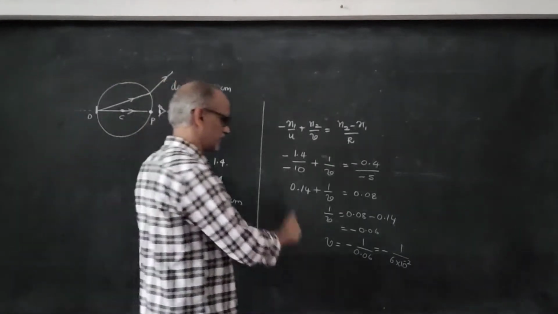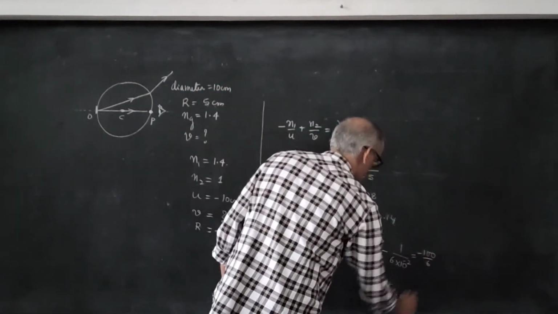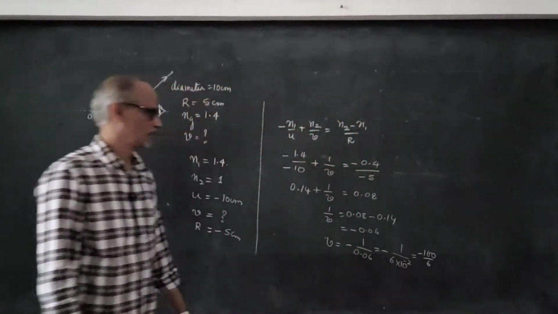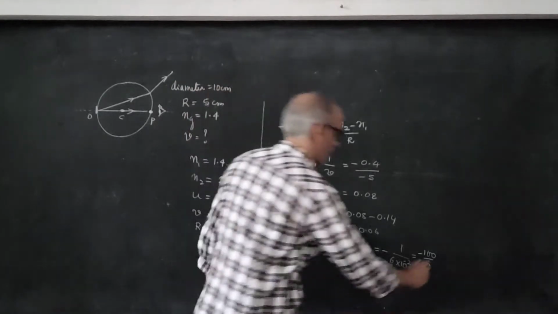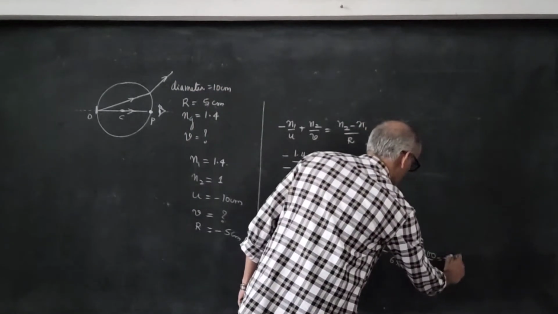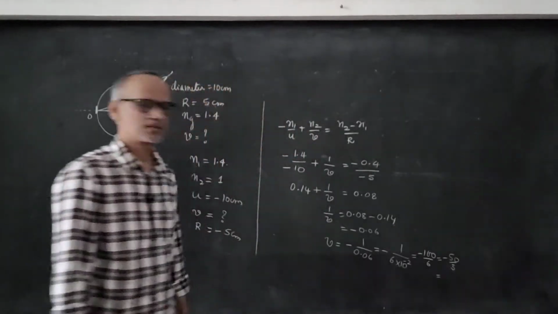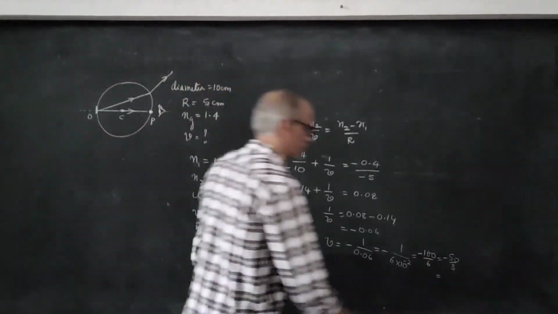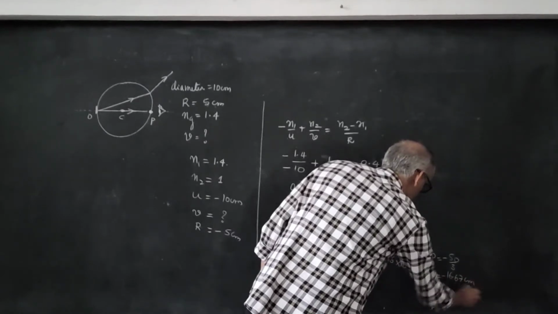And when you take that 100 to the numerator, it becomes minus 100 by 6, which is minus 50 by 3, correct? Minus 50 by 3, which is minus 16.67 centimeter.